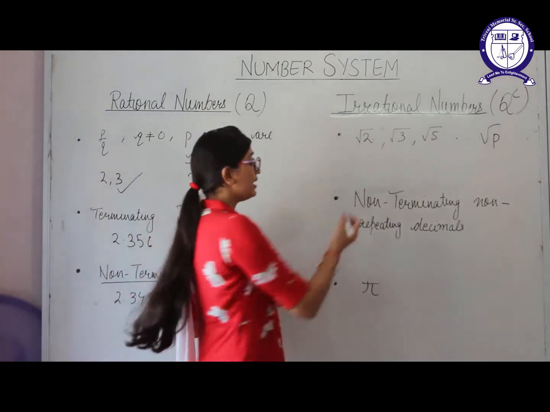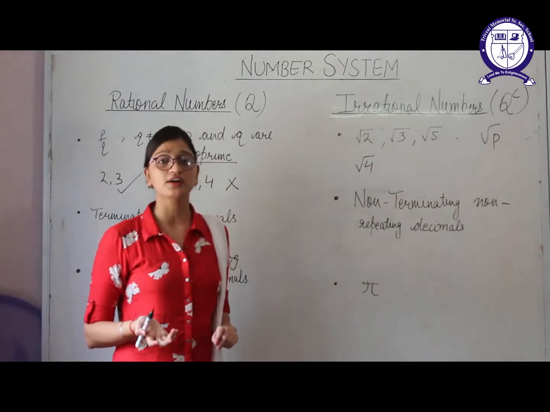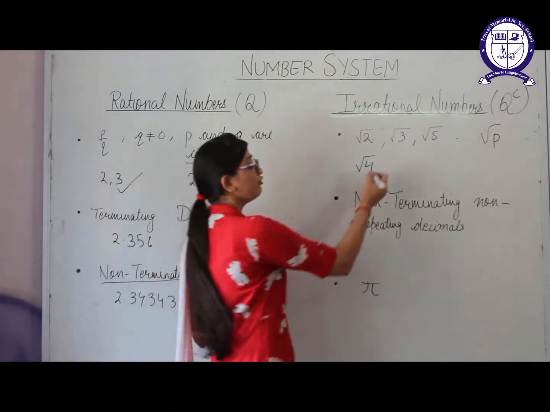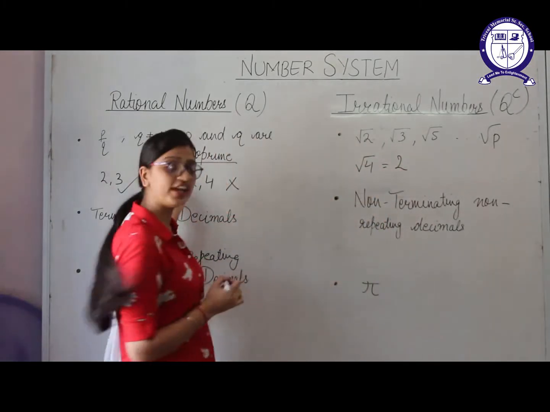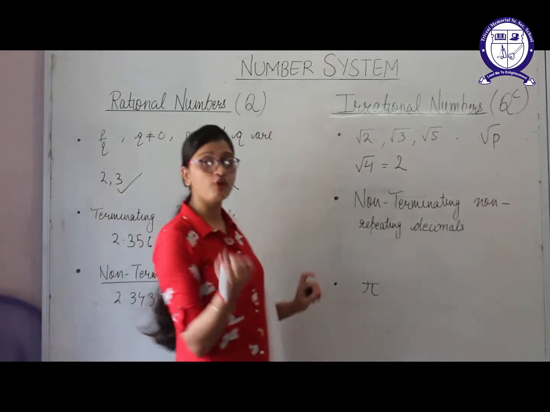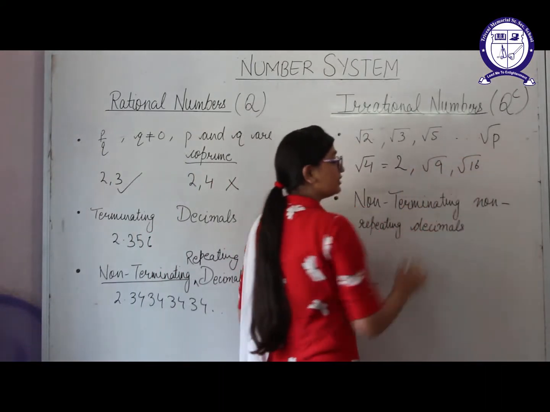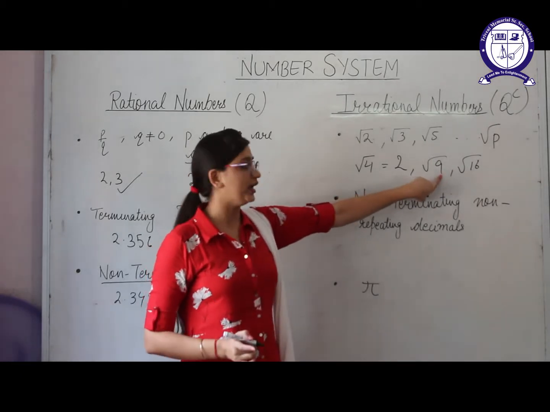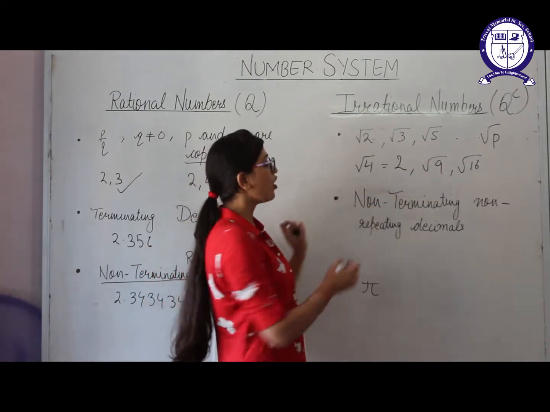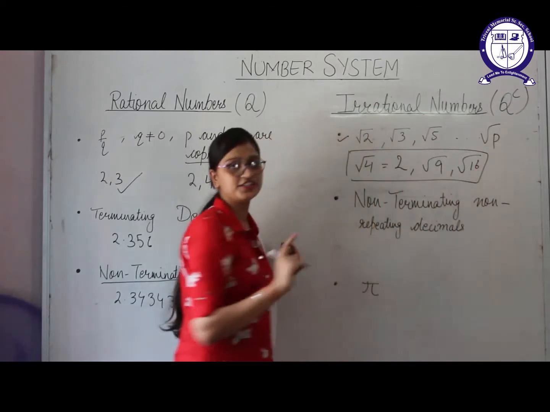But if I take the example of root 4, is this an irrational number? No, because root 4 is nothing but 2 and 2 is a rational number. So root 4, root 9, root 16, the number inside the root can never be a perfect square. So that's why these are all rational numbers and these are irrational numbers.